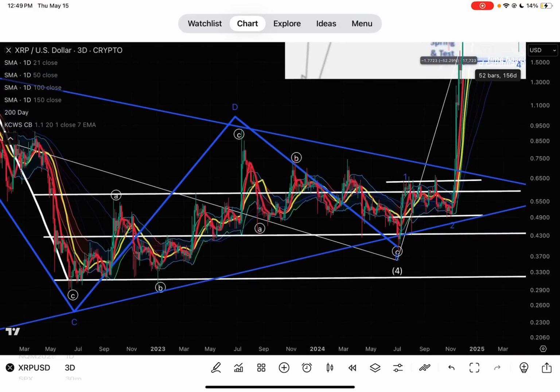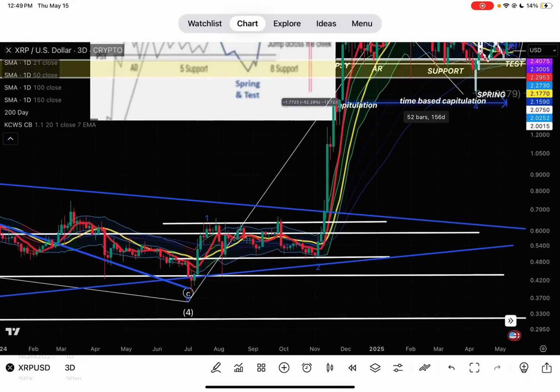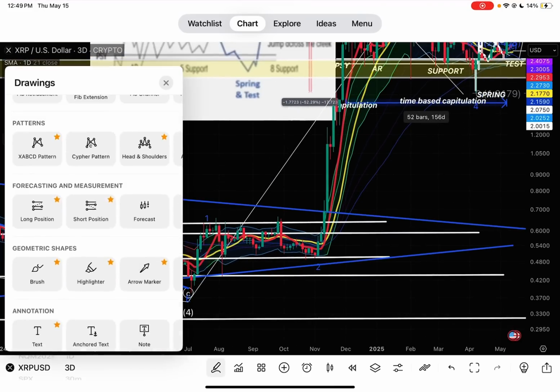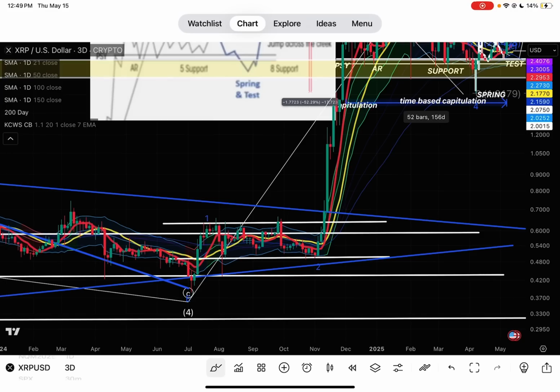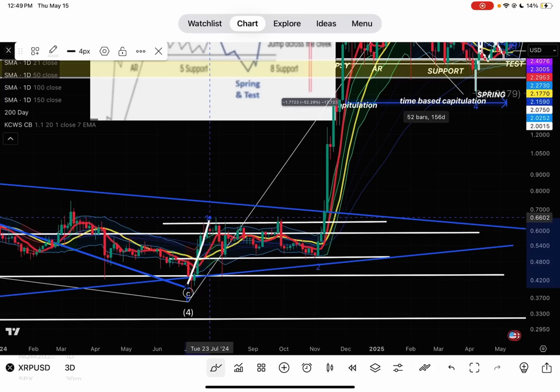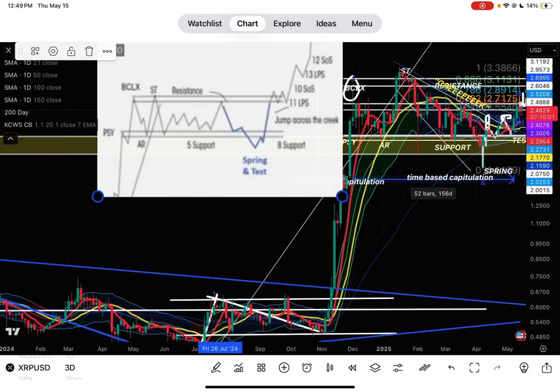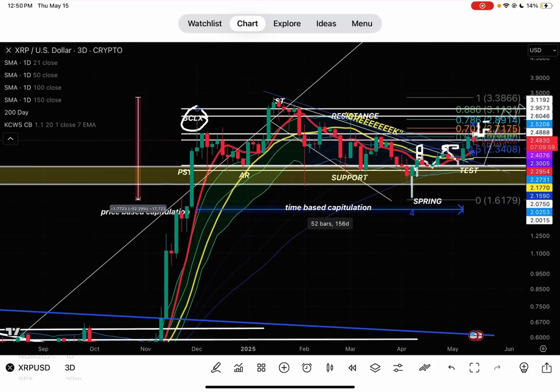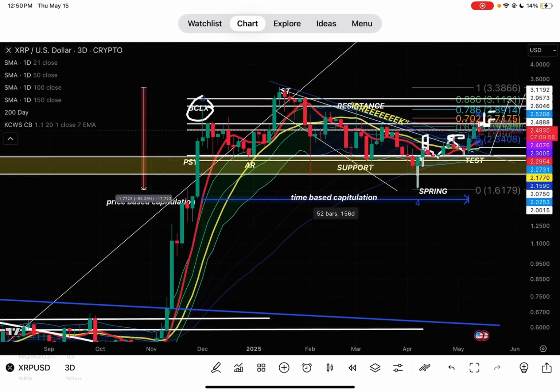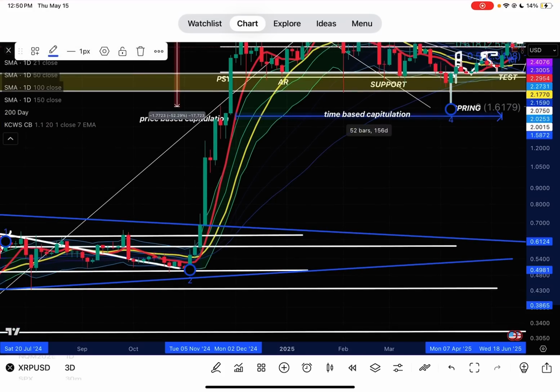in July of 2024. Now we started our 5-wave move to the upside, our last parabolic push within the macro structure of XRP. This was your wave 1, your wave 2. We finished up our wave 3 in January, which was this guy right over here. I'll show you.